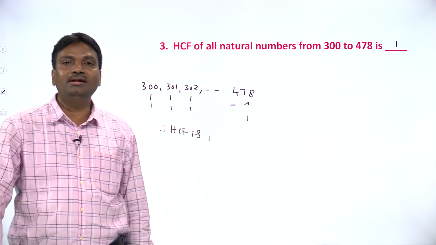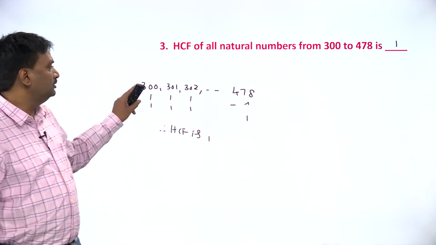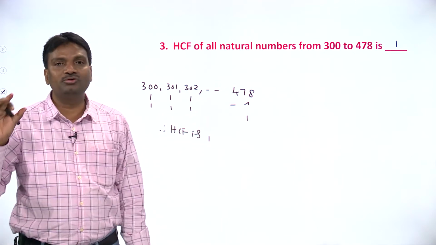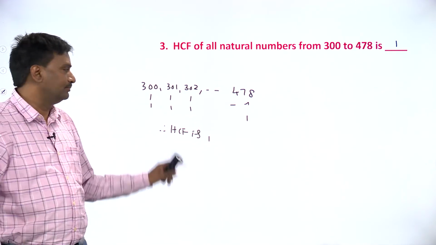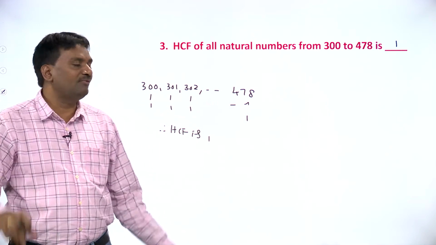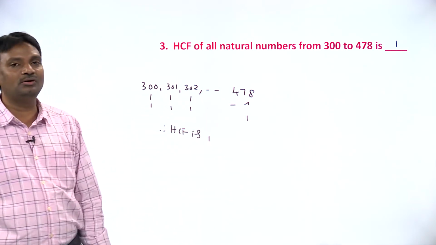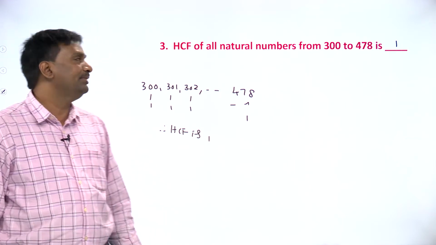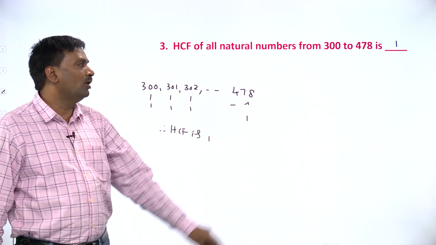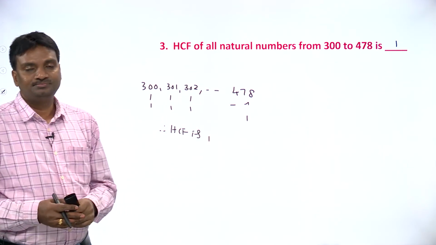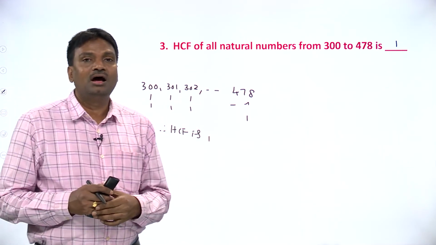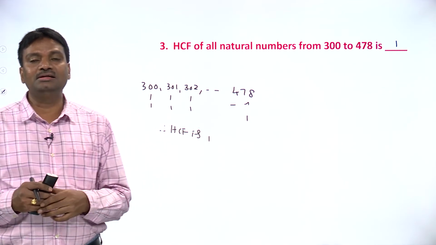We can say 1 is a factor for all the numbers from 300 to 478. 1 is the only common factor for all the numbers from 300 to 478. So, clearly we can say the HCF of all natural numbers from 300 to 478 is 1. So, 1 is the answer for the given problem, that is clearly an integer.